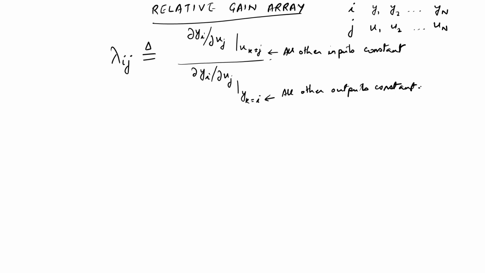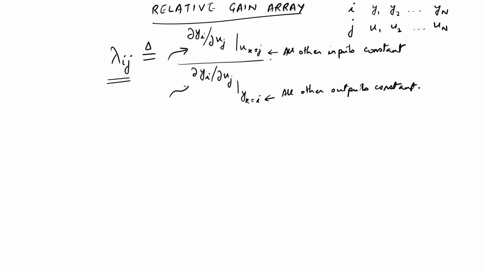So this is the relative gain array, and what this means is the relative gain is, in a sense, the gain that the ijth pairing controller would see. The numerator is the gain that controller would see if all other controllers were on manual. They were not on, and so all other control inputs were fixed.